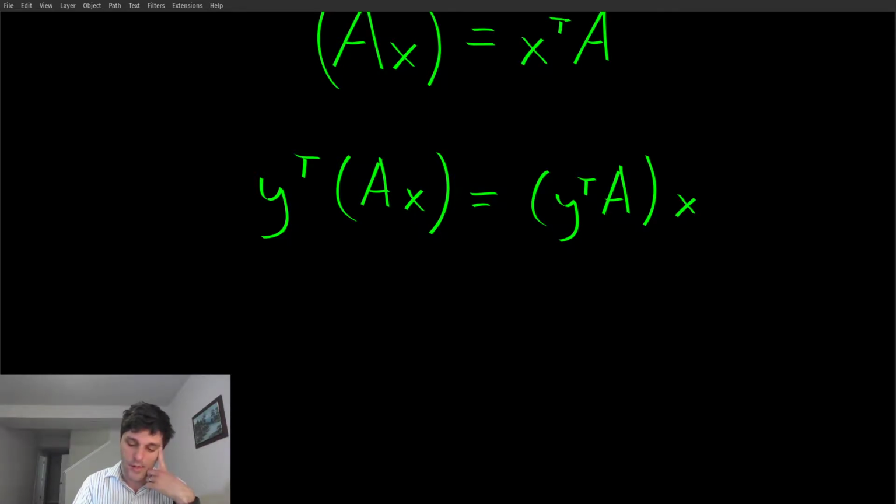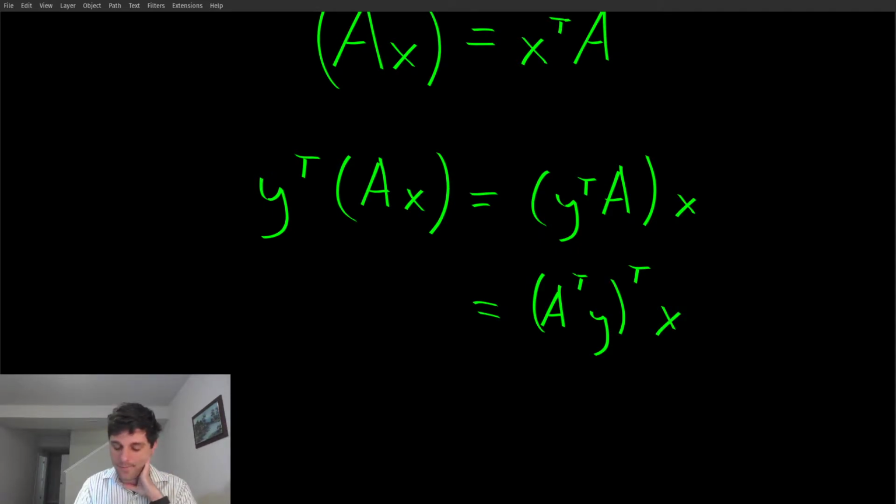And if I wanted to, I could transpose those also. That this is, for example, A transpose Y transpose X. So yeah, I transpose both. I transpose the inner product and the outer, and I get this piece here.